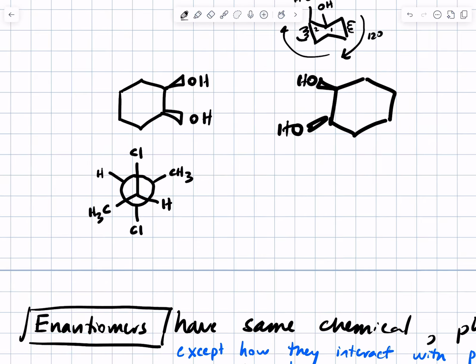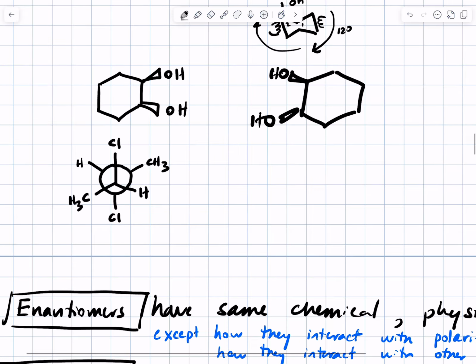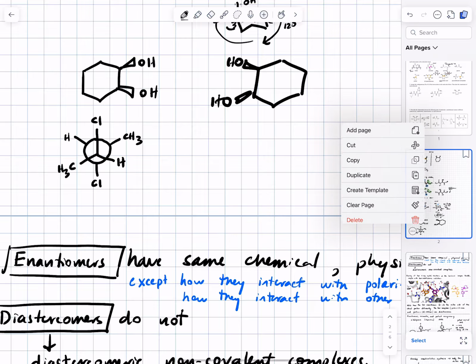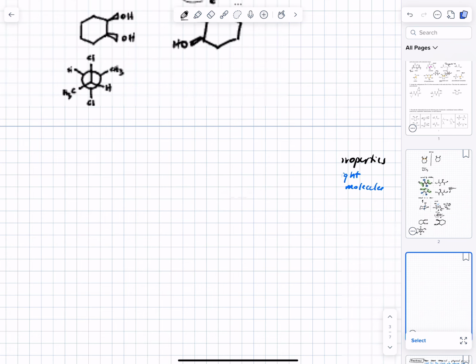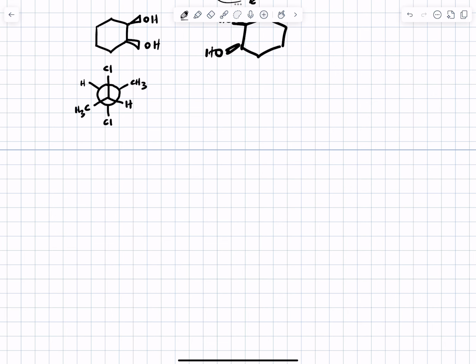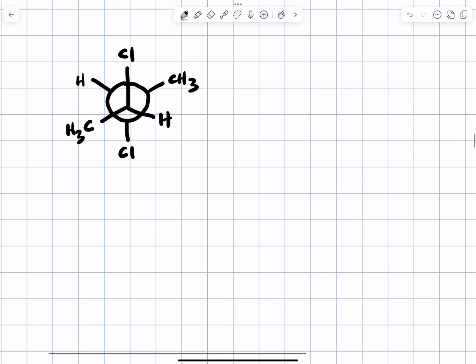All right, so I could draw something like this, and then I could even draw its mirror image, and I could say, is it chiral or not?